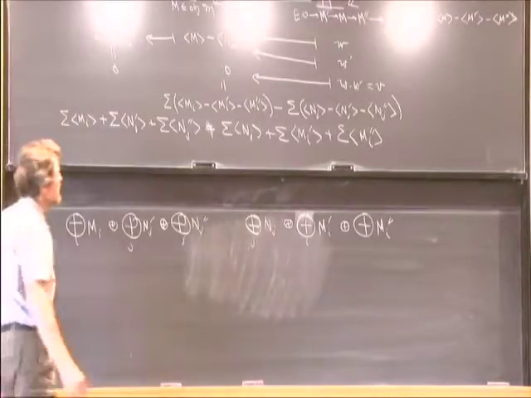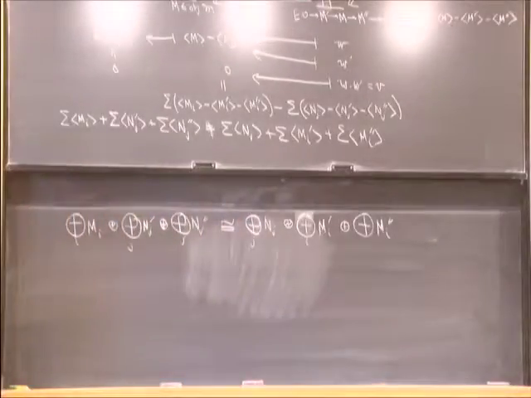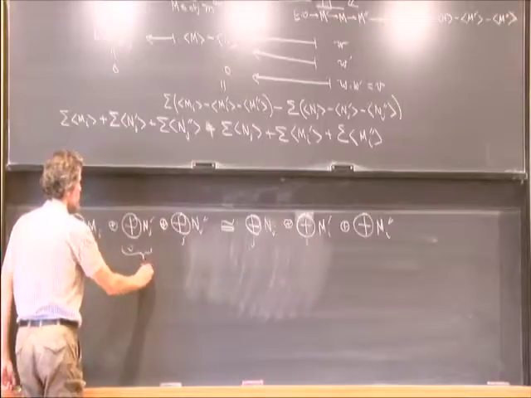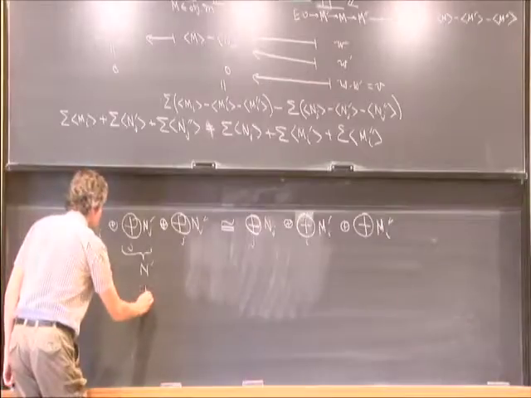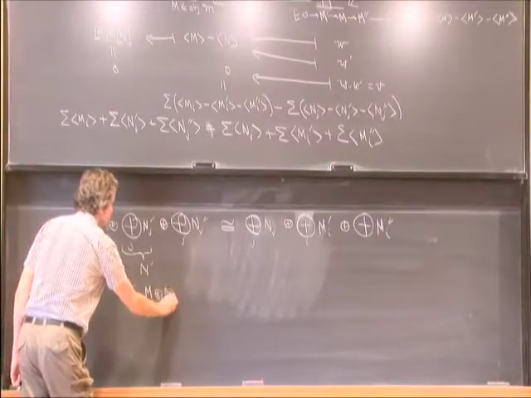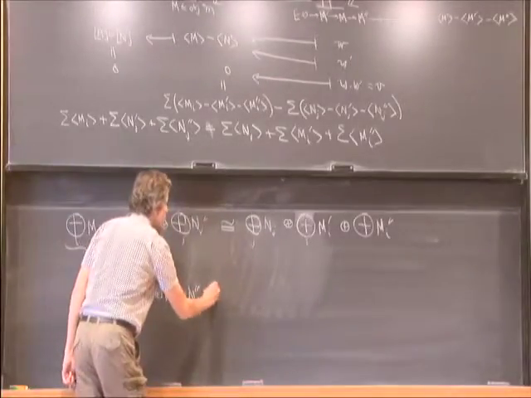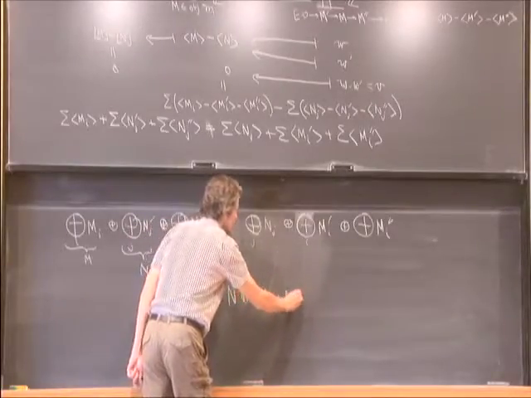So some permutation matrix gives you an isomorphism of these two objects in the category. So let's abbreviate these various things. Let's just call this M and call this N prime and so on. And then what we have is M plus N prime plus N double prime is isomorphic to N plus M prime plus M double prime.